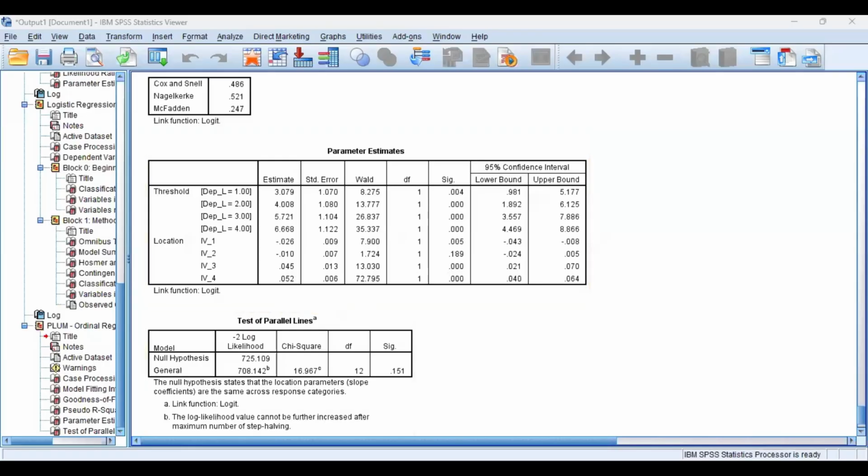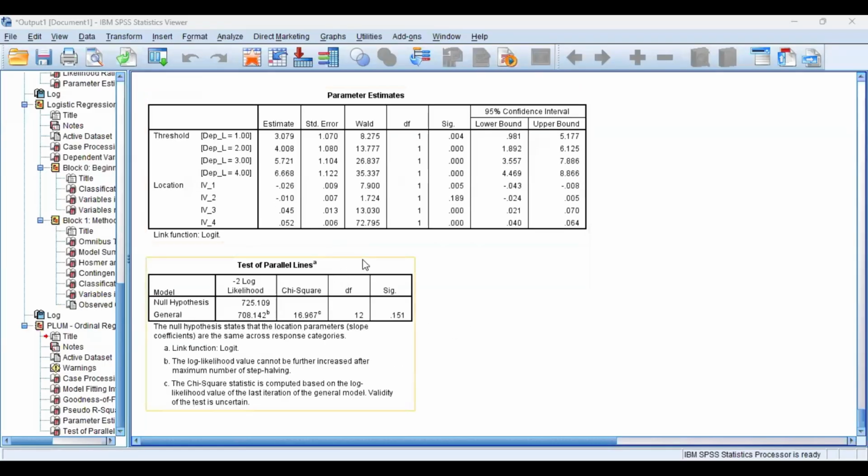Here it is depression. A negative coefficient is the opposite of that. So you can word it in any way that conveys this meaning. As I said, the most conservative way would be saying that higher levels of this variable are associated with elevated levels of depression, or higher categories of depression.